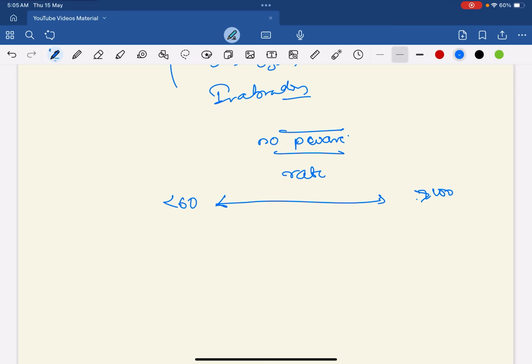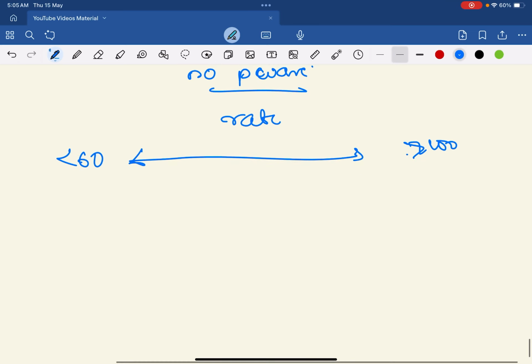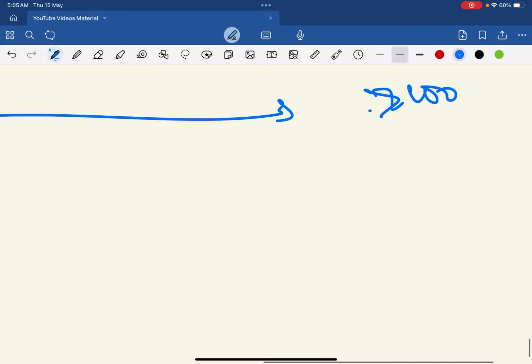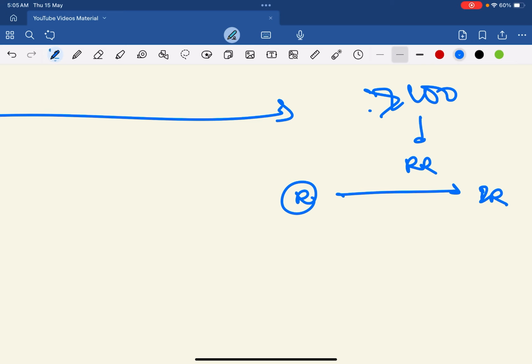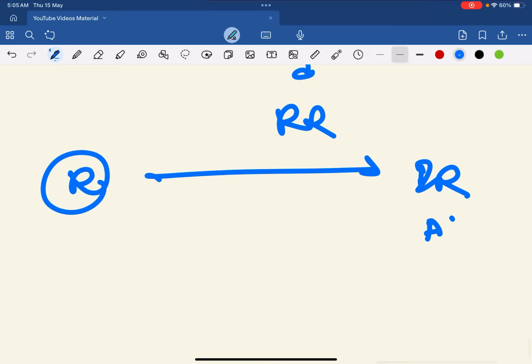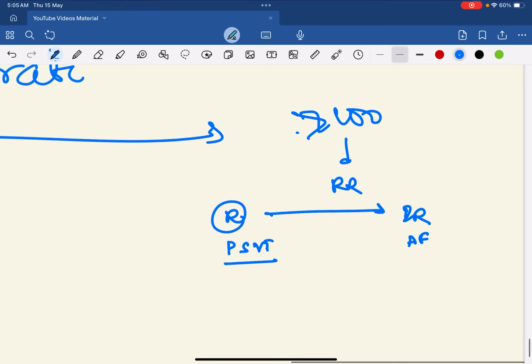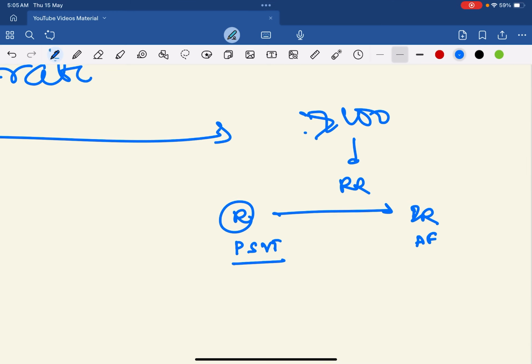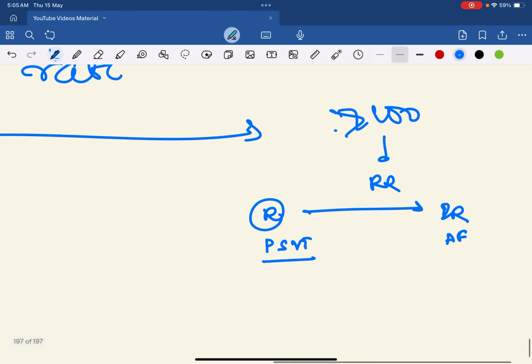If it is tachycardia, you have to see the RR interval, whether it is regular or irregular. If it is irregular, obviously you know the cause, that is atrial fibrillation. If it is regular, it is PSVT, paroxysmal supraventricular tachycardia, a narrow complex regular tachycardia. There also you get absent P waves.